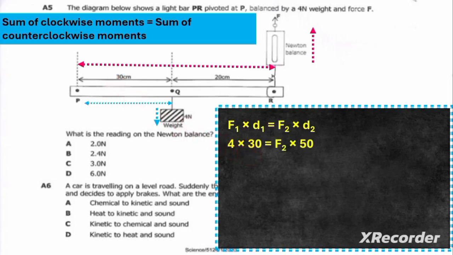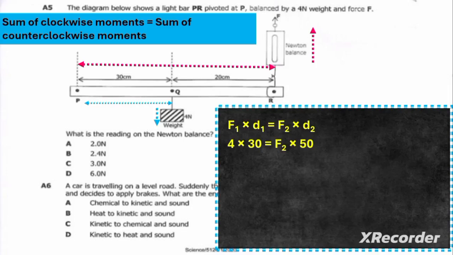Okay, so here let me clarify something. When you are calculating the moment of forces, you need to convert distance from centimeters to meters. But here we are calculating force, so even if we convert centimeters to meters, we'll still get the same answer. So here we are not going to stress ourselves by converting. The centimeters will cancel.